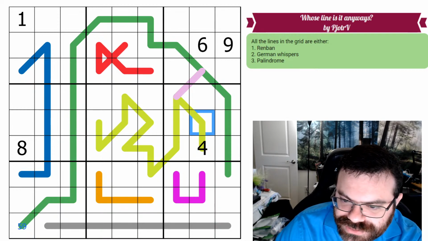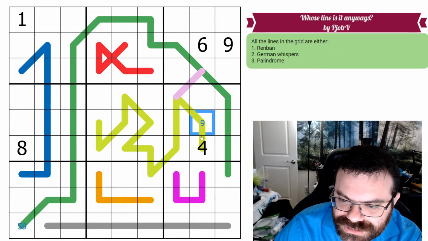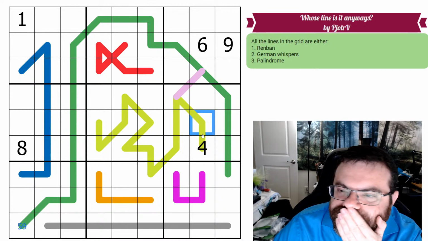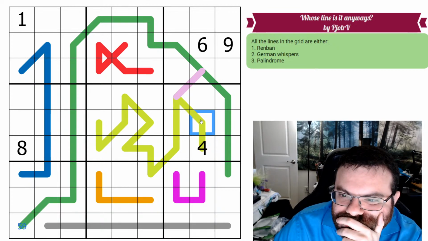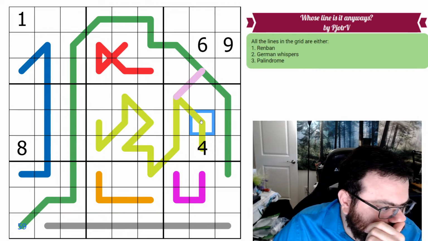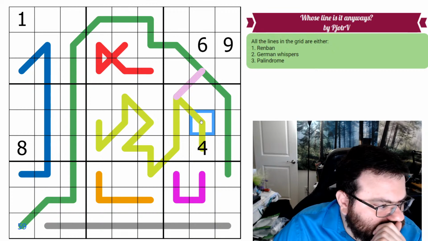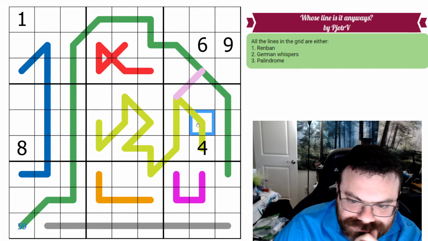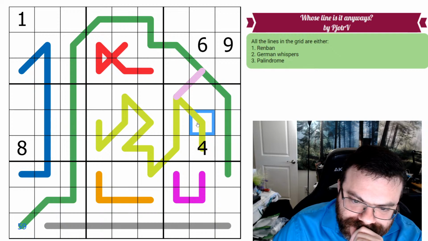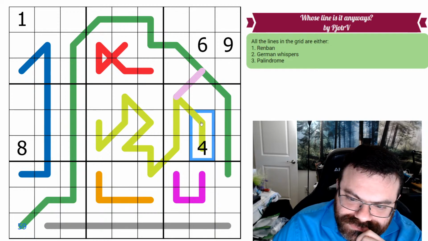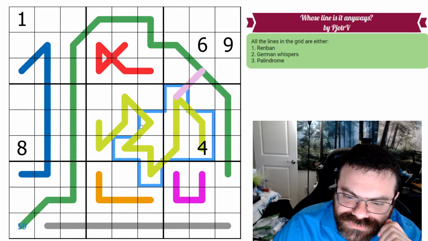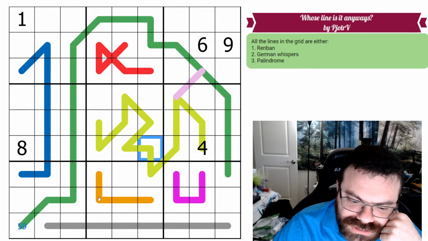Okay, so if this was whisper, this would have to be 9. Yeah, we can call this one lime if you guys want to have a name for this color.